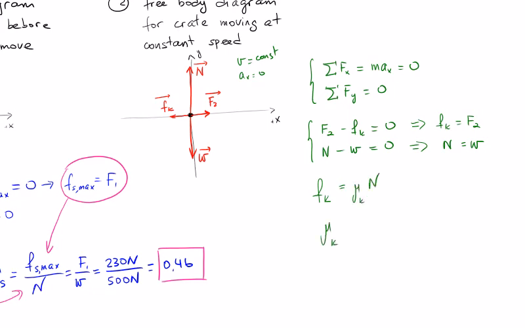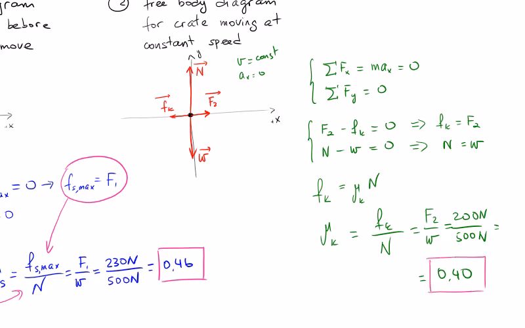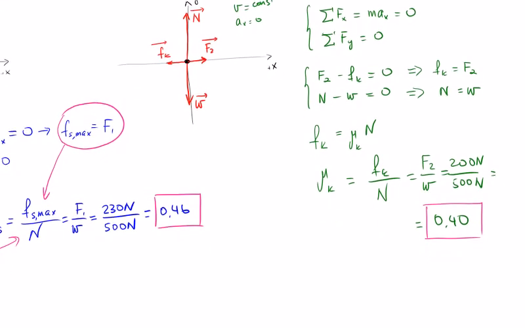From here I can find mu k equals Fk divided by the normal force, and that is F2 divided by the weight, which is 200 newtons divided by 500 newtons, and that gives us a value of 0.40.